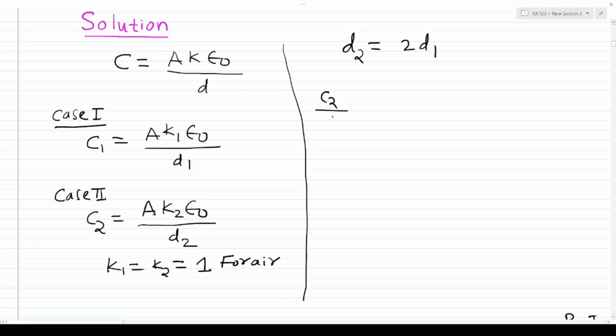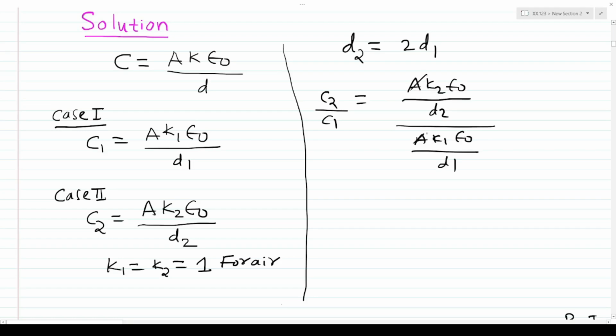Now C2 upon C1 equals A K2 epsilon naught upon d2 divided by A K1 epsilon naught upon d1. These terms get cancelled, so we get C2 upon C1 equals d1 upon d2.